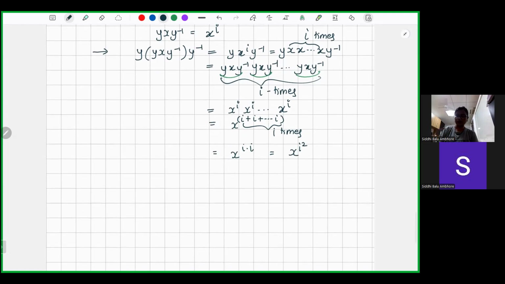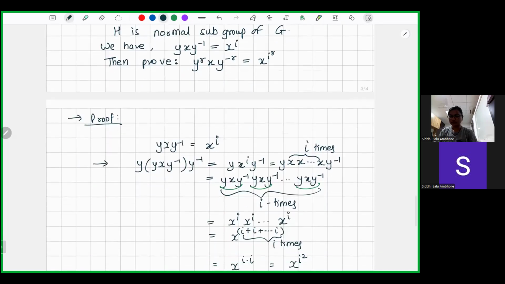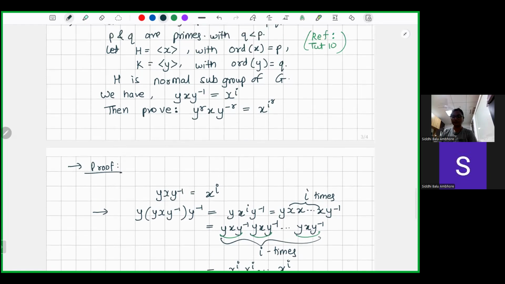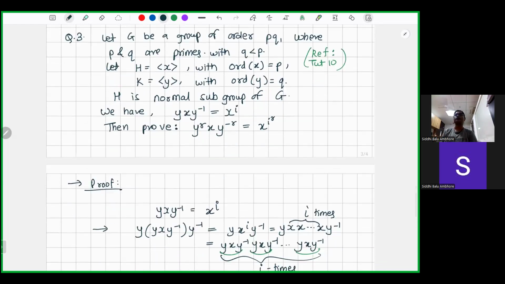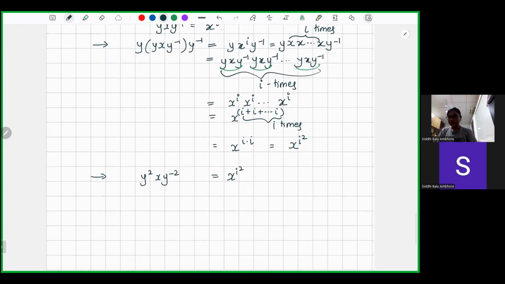I hope you got it. And on the left hand side, this is y squared x y inverse squared, which is what I got as x power i squared. And this is what we wanted in that proof, and we used it to prove the statement that G is a product of this H and K.